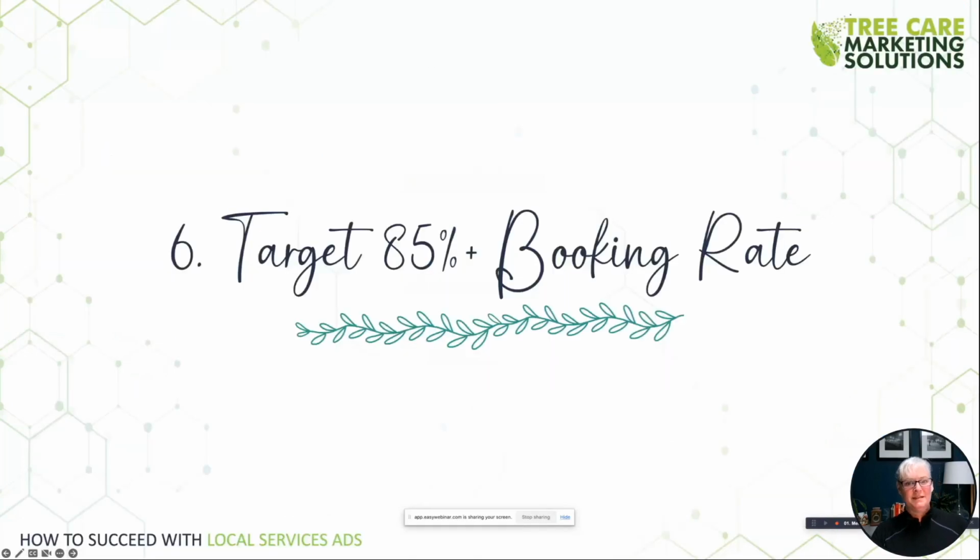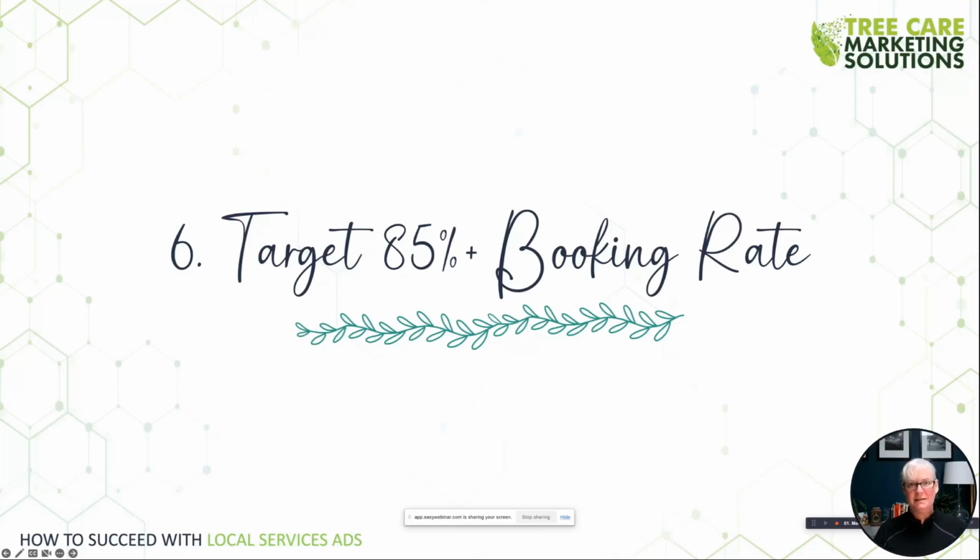The final thing I said was target an 85% booking rate or higher. Why? That seems like a high number, right? Google wants to know that it's sending qualified leads to you. The more feedback you can give it, the better it can tweak things to keep sending you the right kind of leads.